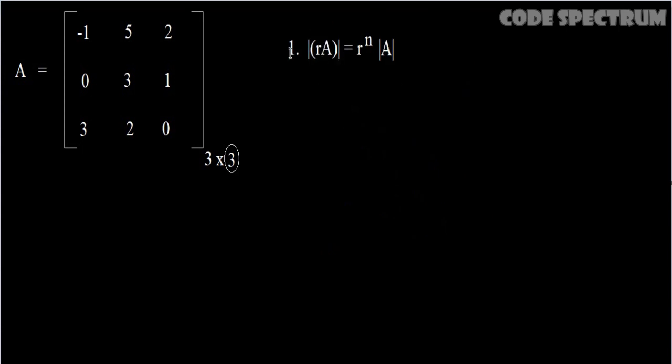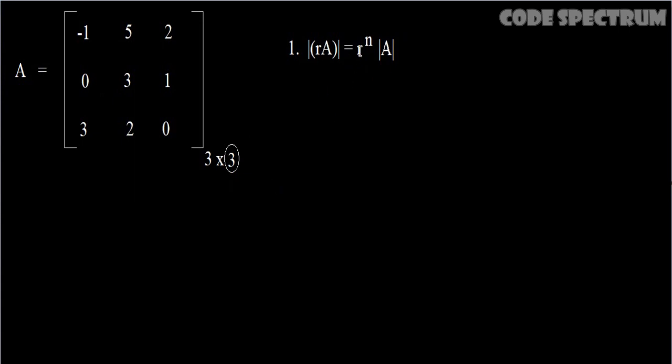Let's take the first property of determinant here. Let A be a matrix, and if I multiply a real number R to A and take the determinant of RA, then it is equal to R to the power of n multiplied with the determinant of A. Here we have taken an example of this matrix A. The order is 3, so n is equal to 3.